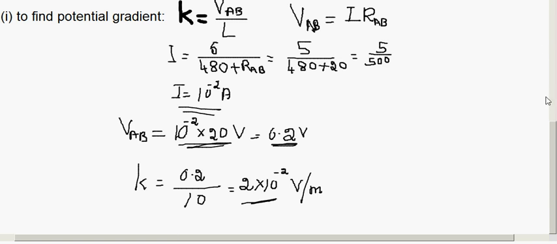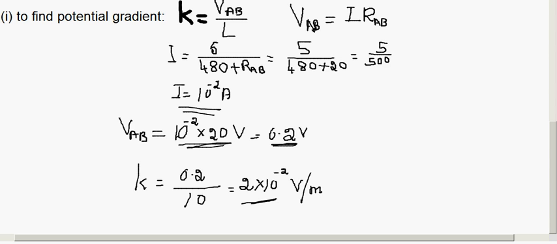The potential gradient K is equal to 2 into 10 to the power minus 2. And we know that the potential gradient is defined as the voltage per unit length. So it is V by L.